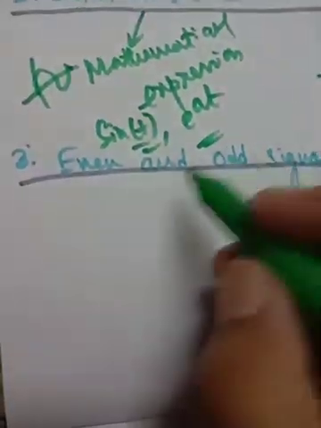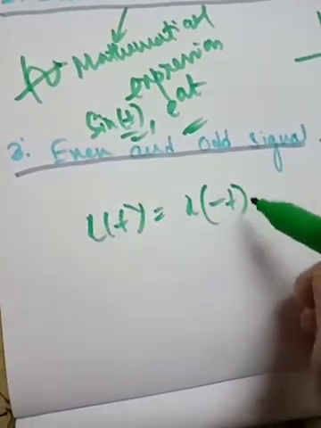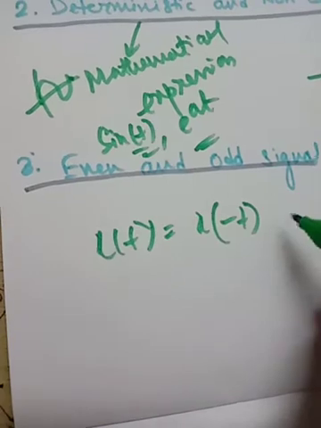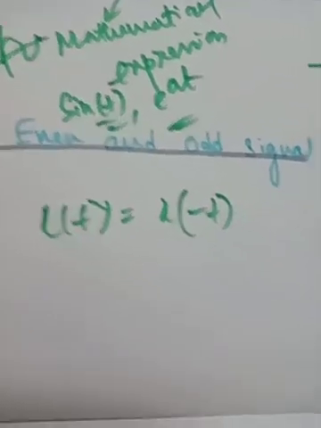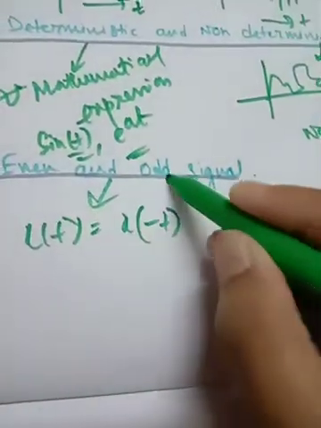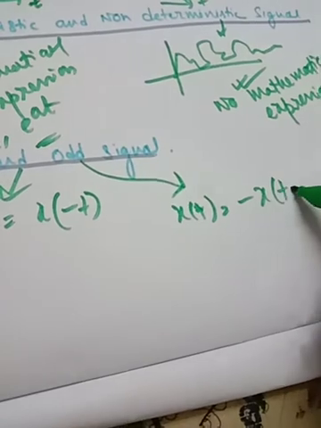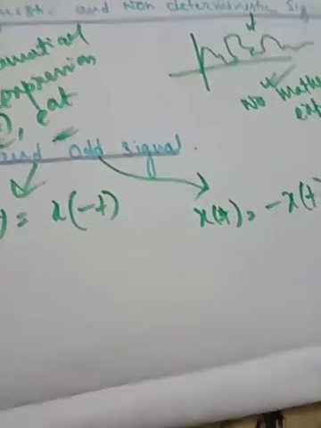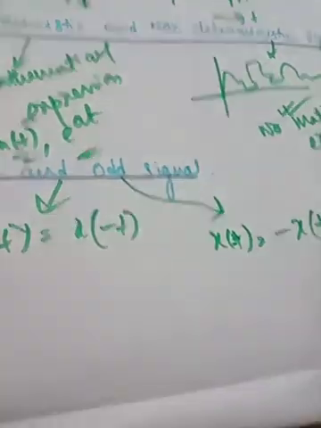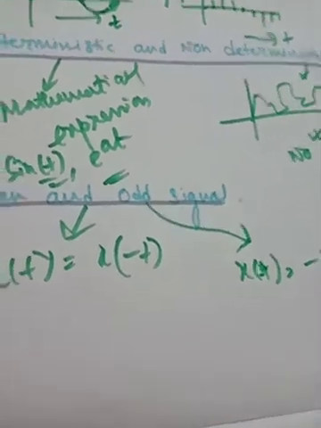Next one is even and odd signal. An even signal is a signal in which x(t) equals x(-t). Means if we make a time reversal of the signal, it will give the same signal. And an odd signal means x(-t) is equal to -x(t). If time reversal is applied, we will not get the original signal, we will have the reversed signal.